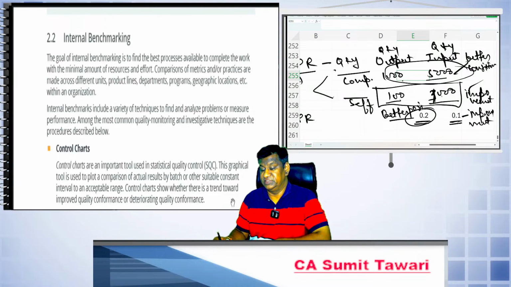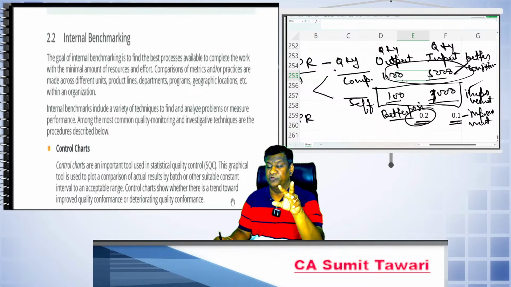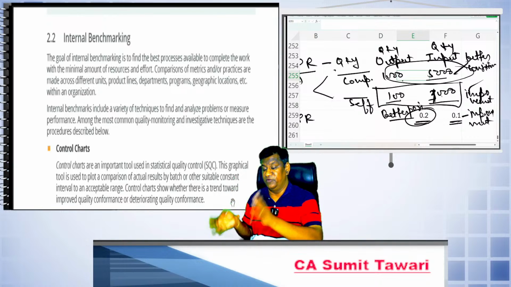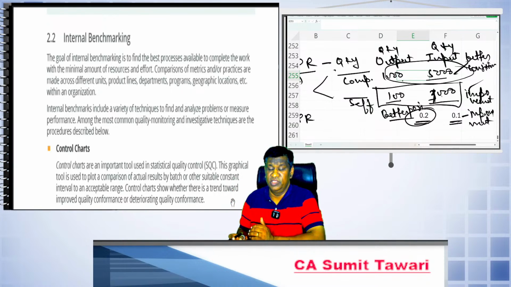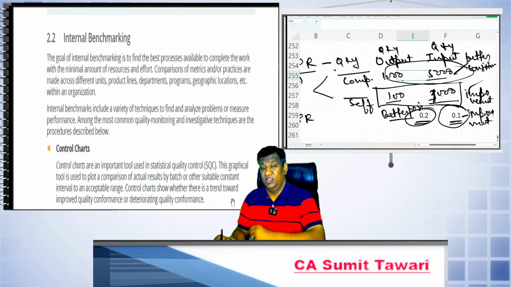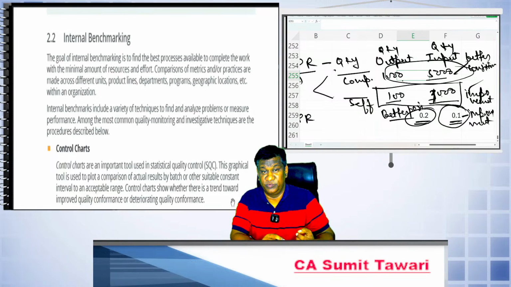So we are calculating the output input ratio, and we are using that to evaluate whether my manufacturing processes or my activities are going as per the market standard or not. So this will give me a clue that I need to evaluate what processes I can avoid, or what optimization I can do here, so that my output input ratio gets improved.